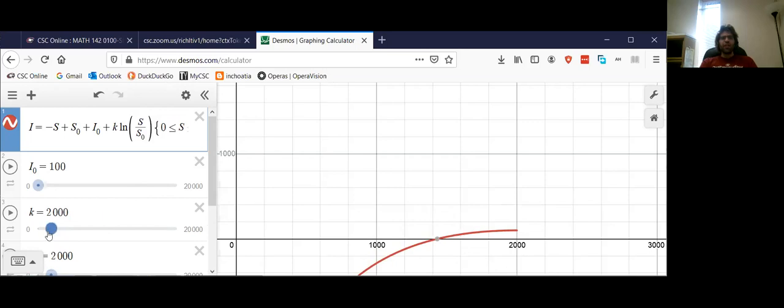So if K is less than S sub 0, some form of epidemic occurs. Epidemic isn't a mathematically formally defined term, but I'm using it to mean that the number of infected people initially increases.